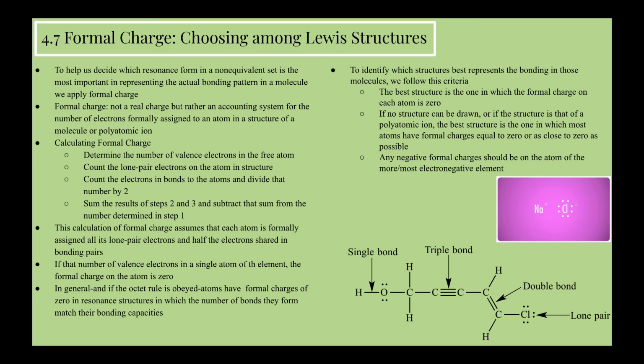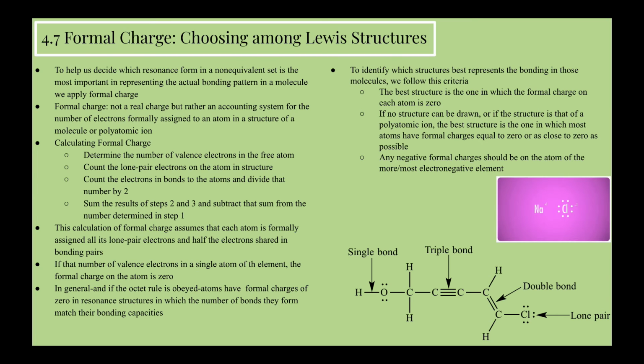Lesson 4.7, Formal charge, choosing among Lewis structures. In this lesson, I learned about what formal charge is, and how to calculate it. A formal charge is not a real charge, but rather an accounting system for the number of electrons that are formally assigned to an atom in a structure of a molecule or a polyatomic ion. To calculate the formal charge, the first step is to determine the number of valence electrons in the free atom.